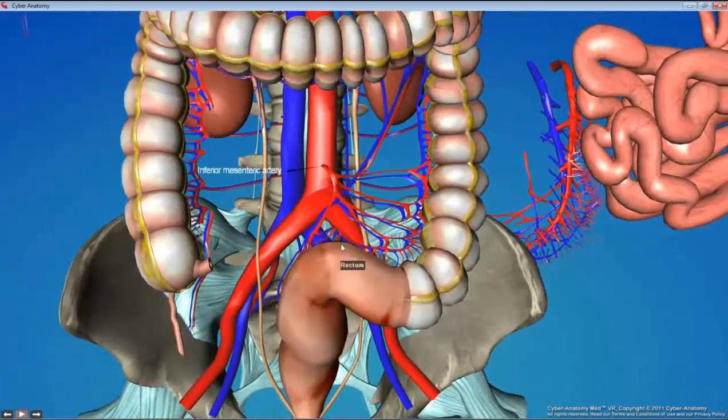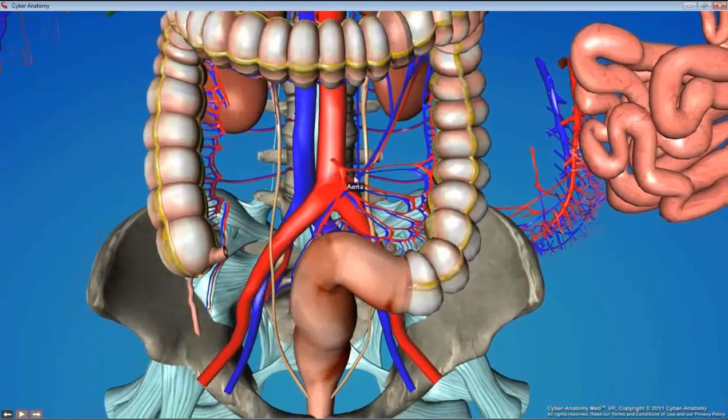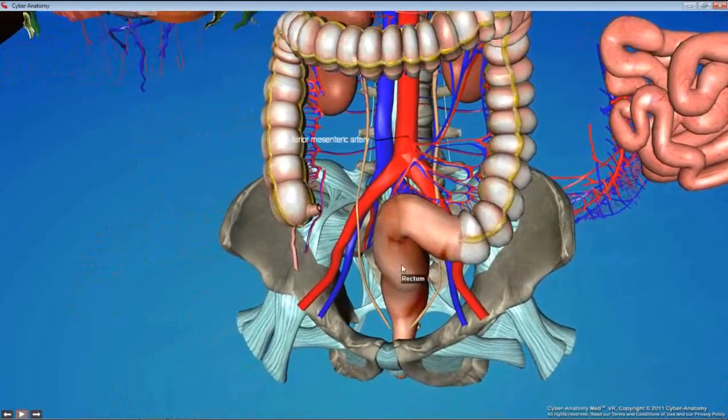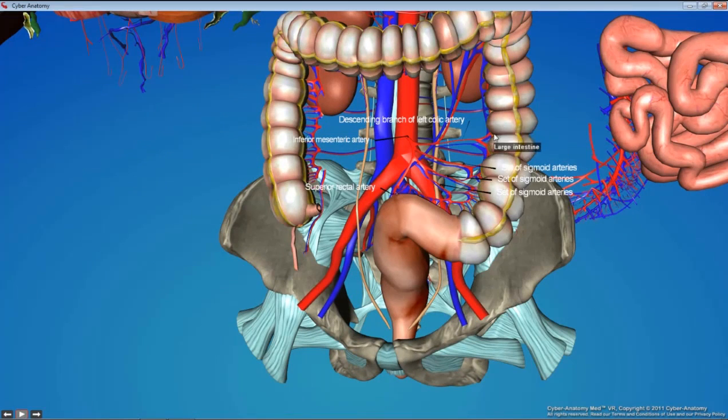Turning to the hindgut, our blood supply is the inferior mesenteric artery, and it typically has three major branches that we need to find. A left colic artery, which is supplying the descending colon, and there may be a couple of branches of this as demonstrated here.